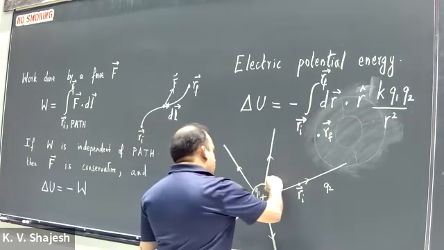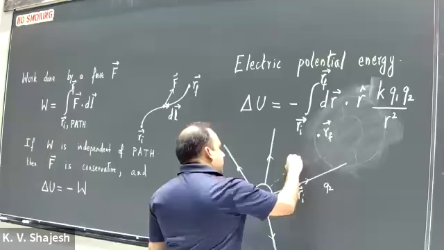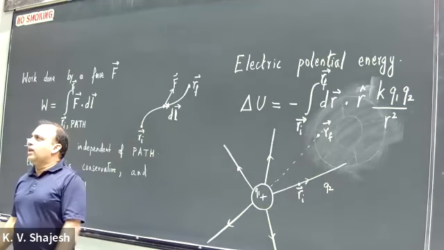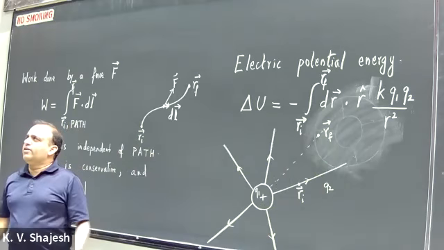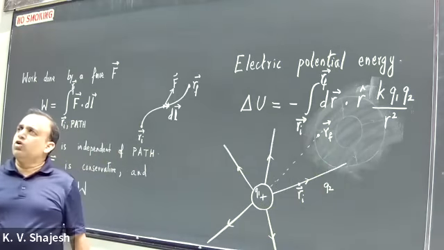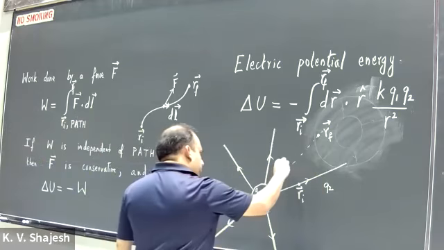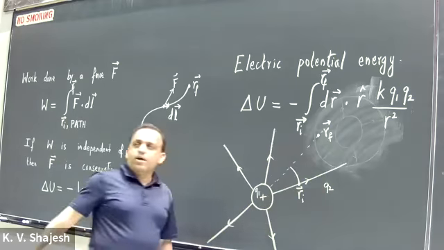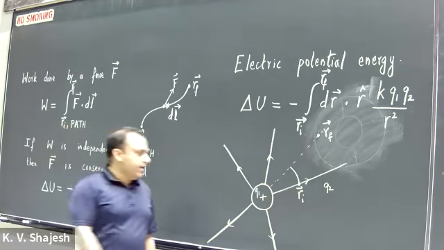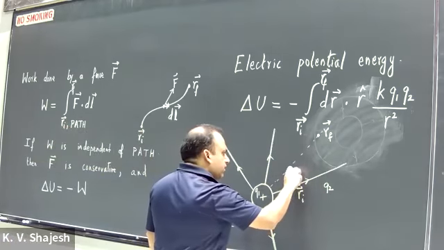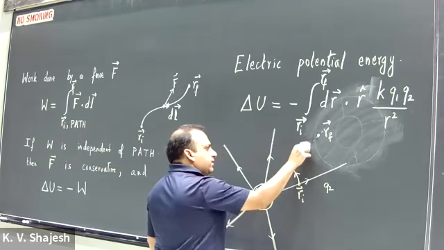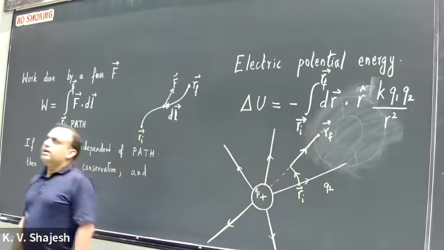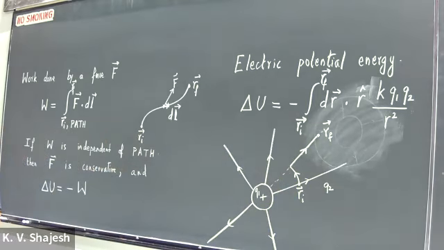So I will choose my path to be mostly along the radial line and the rest of it on a circular arc. Well, let me first go this way. I have a choice to choose my path. It is path independent. I go this way, and then go this way. That's my path.